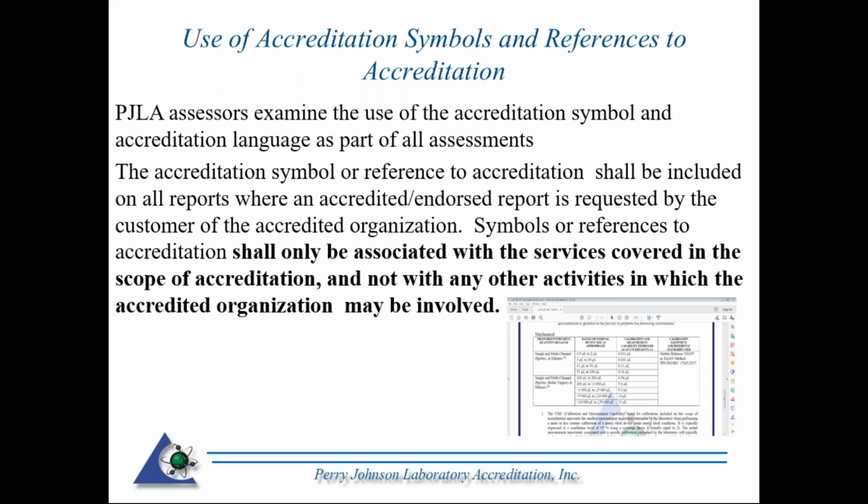The accreditation symbol or references to accreditation shall be included on all reports where an accredited or endorsed report is requested by the customer of the organization. Symbol or references to accreditation shall be associated with the services covered in the scope of accreditation and not with any activities in which the accredited organization may be involved.